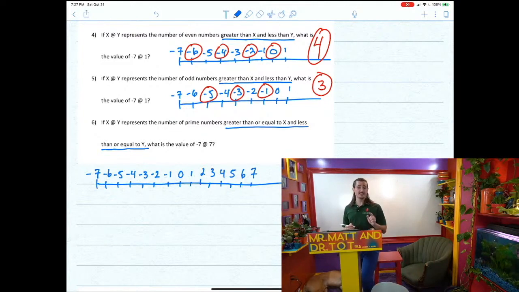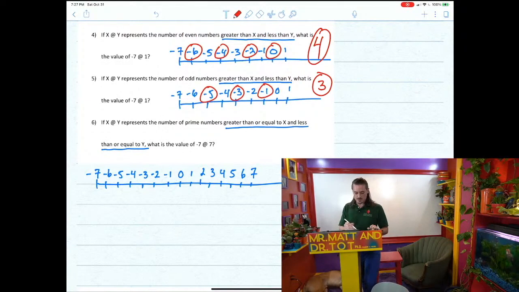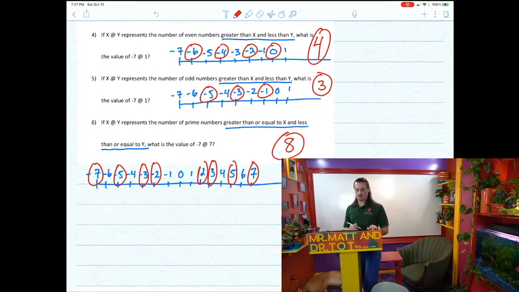Now remember, we can count the lower and upper extremes, and we're looking for prime numbers. -7 is prime, -5 is prime, -3 is prime, -2 is prime, +2 is prime, +3 is prime, +5 is prime, and +7 is prime. So we have 1, 2, 3, 4, 5, 6, 7, 8 prime numbers that are greater than or equal to -7 and less than or equal to +7.